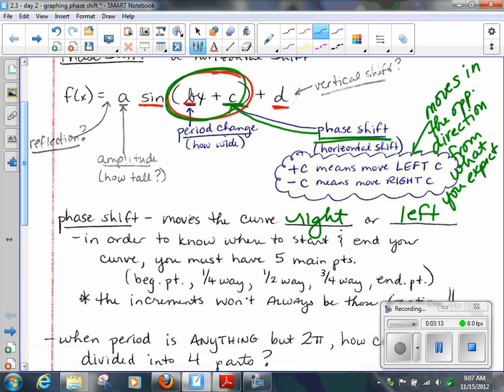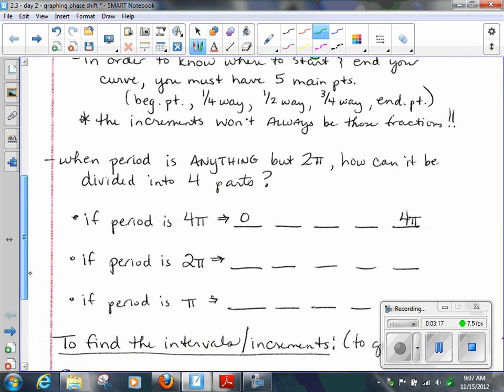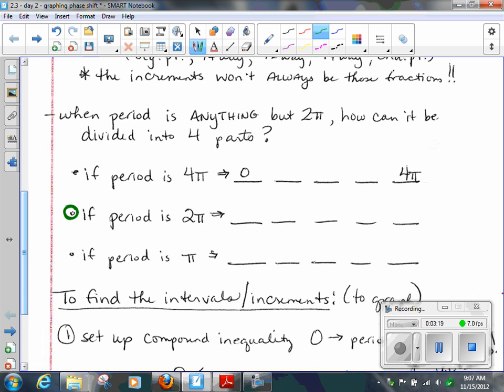If our period was 2 pi, we started the increments on our x-axis at 0, and then it went to 2 pi, and then we would take half of 2 pi, which was pi, and then we would find half of pi.